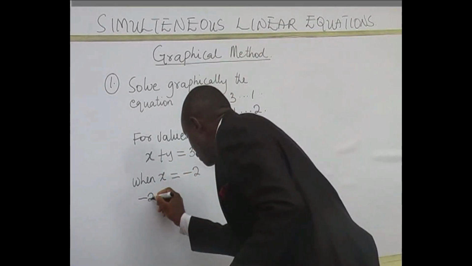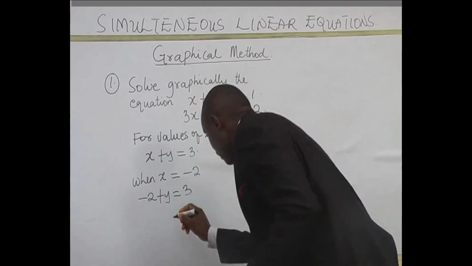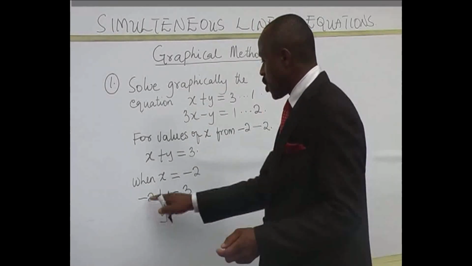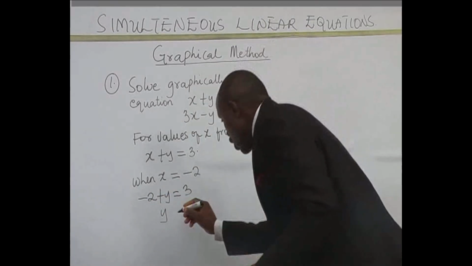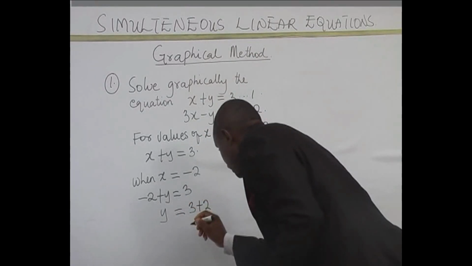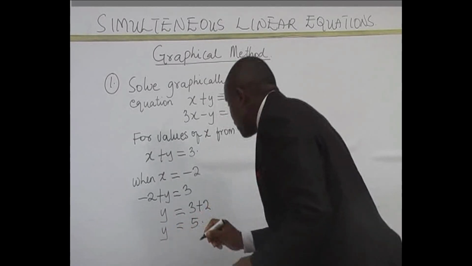You have -2 plus y is equal to 3. -2 leaving the left hand side of the equation, coming here we change to plus. So you are going to have y is equal to 3 plus 2, which is 5.